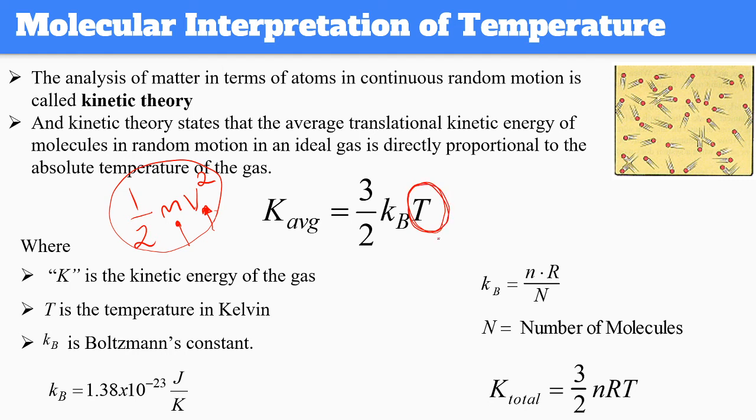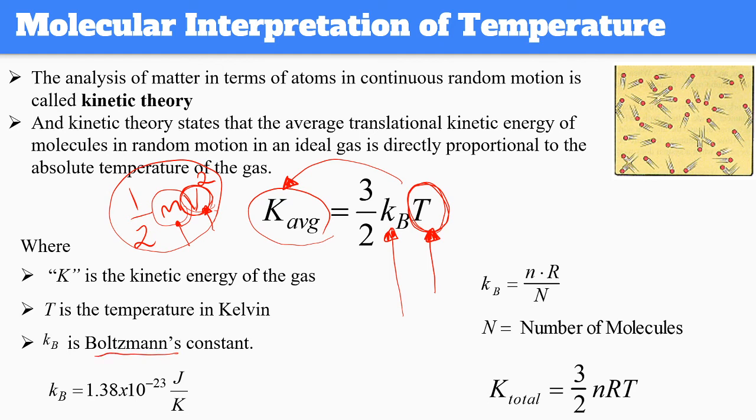Or if you want to go backwards, if you are changing the temperature, then you are basically changing the kinetic energy of the system, which means mass is not changing, but kinetic energy is changing, so the velocity of the particles is going to increase, so they're going to start to move faster and faster, and they're going to have higher kinetic energy.